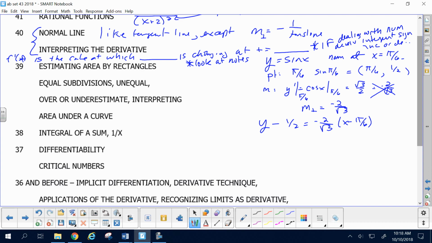All right. Estimating the area by rectangles. We've done that a lot, and so hopefully you're starting to get good at that. You need to be able to do 5 different methods: left, right, upper, which is the same as circumscribed, lower, or midpoint.